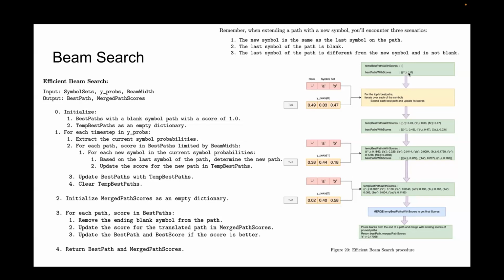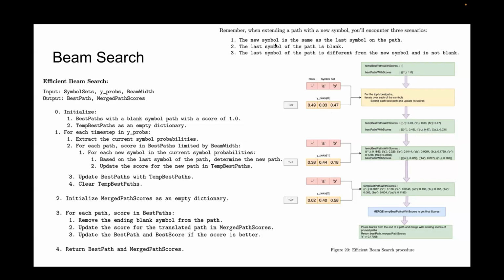Here you have blank with a score of one. You go over the best paths and extend with all possible scenarios, so you get your temp scores as blank, A and B. The beam width here is k equal to 3. I should have mentioned it, but the beam width here is k equal to 3. So all of your temp best paths are able to go into the best paths. Now that you have these best paths, you pick out the top k scores, and then you again expand your search.